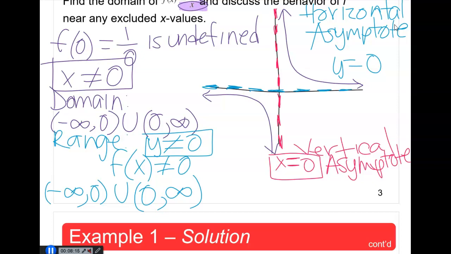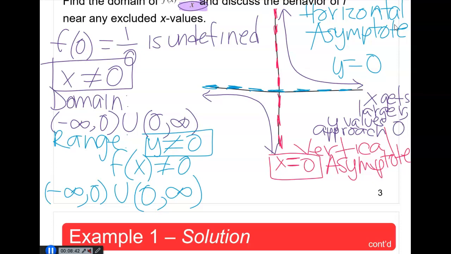We could also see how as the x values get larger, the y values approach zero.